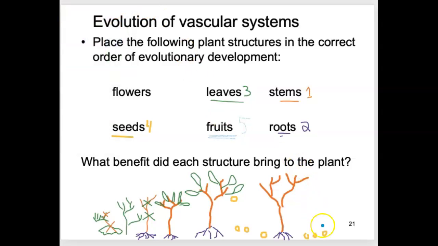Okay, so I'm going to produce fruit that surrounds a seed. So think about what's the advantage here. If I make a fruit that surrounds a seed, perhaps something will eat the fruit and carry the seed away from the parent plant.